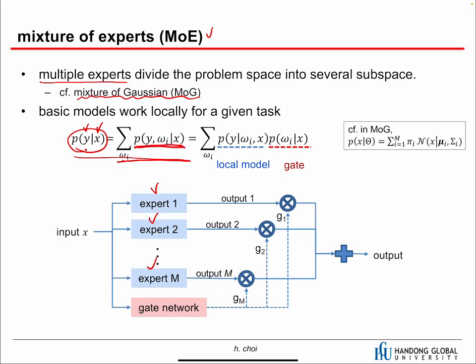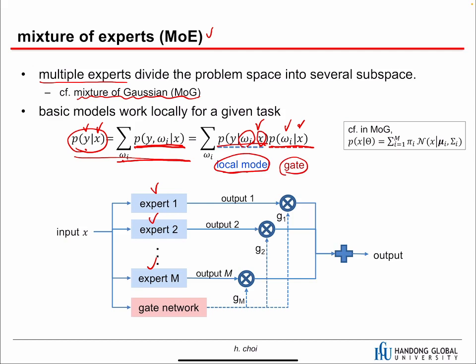And each one can be decomposed into the local model and the gate. So this one says, given this x and with this weight, what is the probability? And the gate says, given this x, what is the probability of this weight? So we put this gate on the local models.